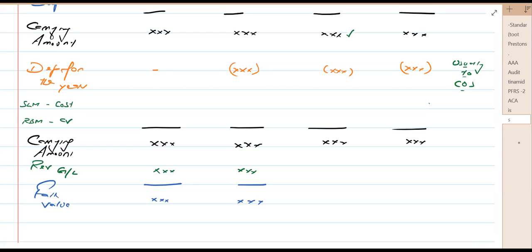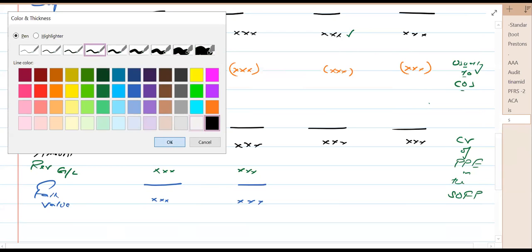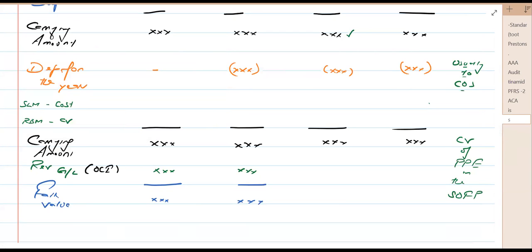And then these fair values. So this fair value, and then these two are going to be added, and these go to the carrying value of the property, plant and equipment in the statement of financial position. And these revaluation gains and losses, they go to the other comprehensive income.